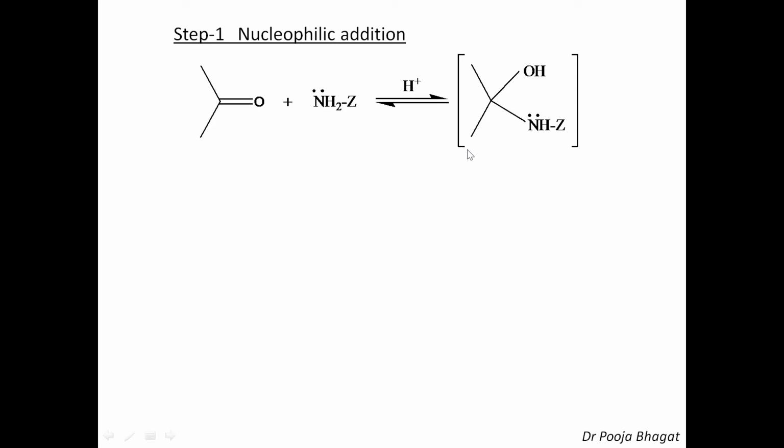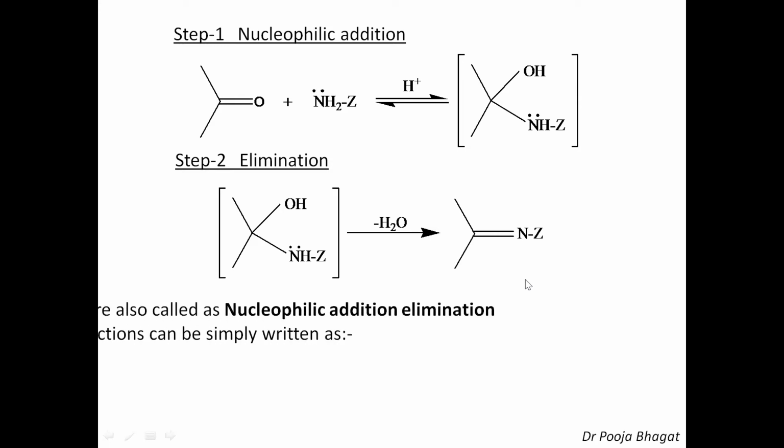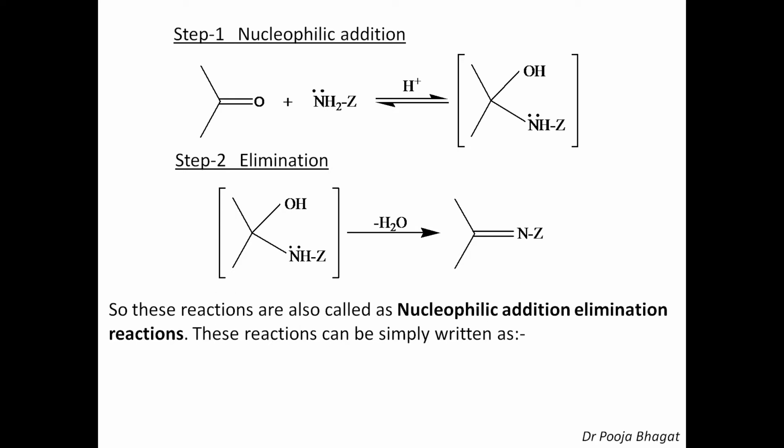So this step is nucleophilic addition. Then the second step is elimination. A water molecule gets eliminated and a double bond is formed. So H from here and OH from here go out as a water molecule. That means these reactions are also called nucleophilic addition elimination reactions.